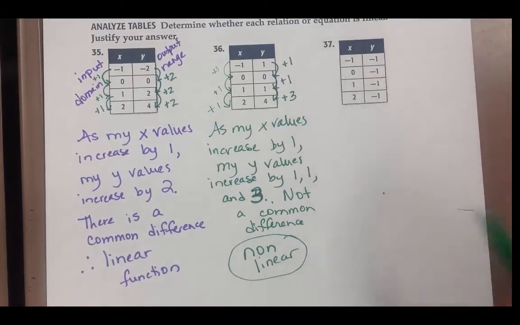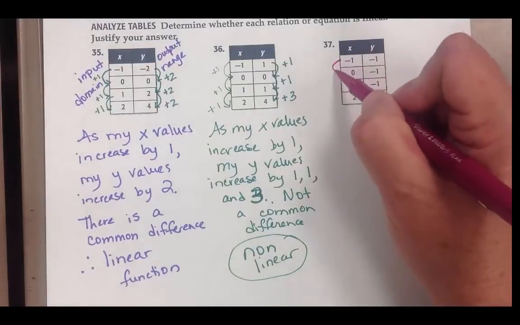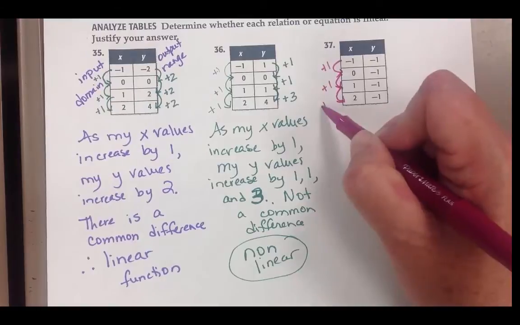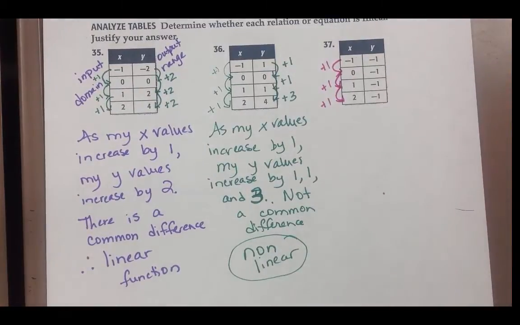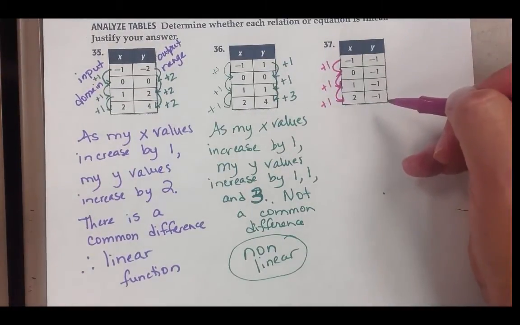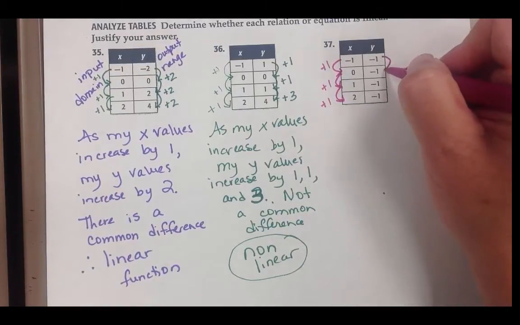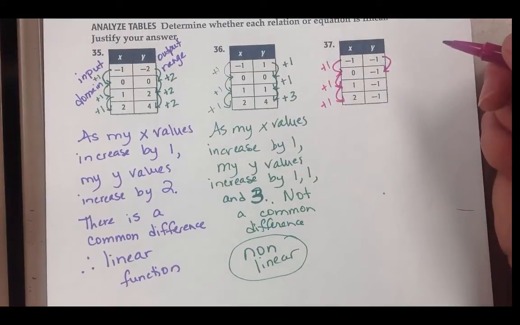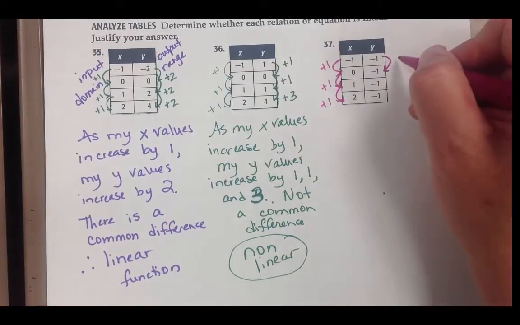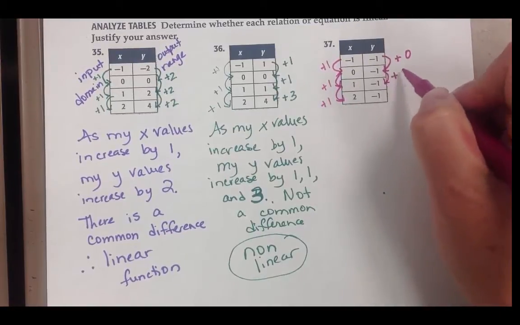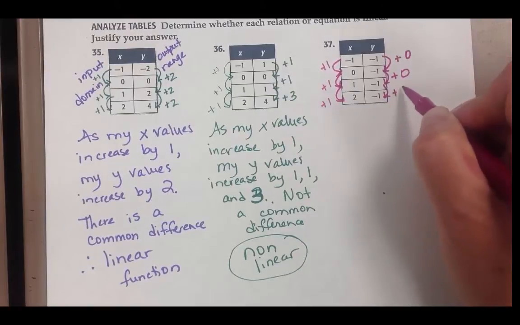Okay? Last problem here. Again, take a look at our x's. It's the same values. So increase by 1, increase by 1, increase by 1. And look what's happening in the y's this time. How do I get from -1 to -1? Well, there is an increase of what amount? 0 plus 0. -1 to -1, again, plus 0 and plus 0.